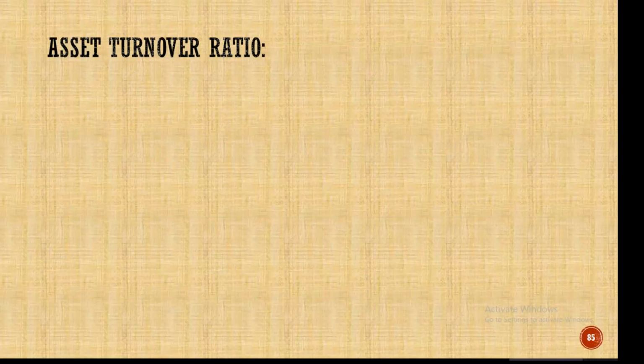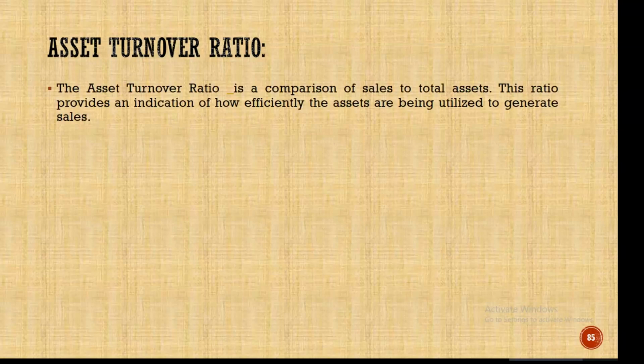Next ratio under turnover or activity ratio is asset turnover ratio. It is a comparison of sales to assets. This ratio provides an indication of how efficiently the assets are being utilized to generate sales.